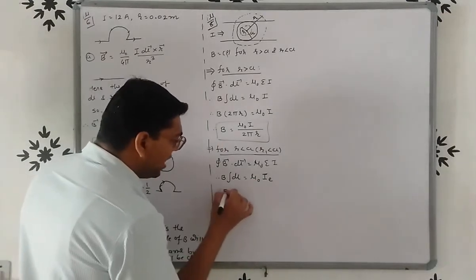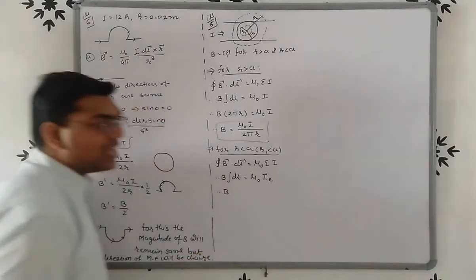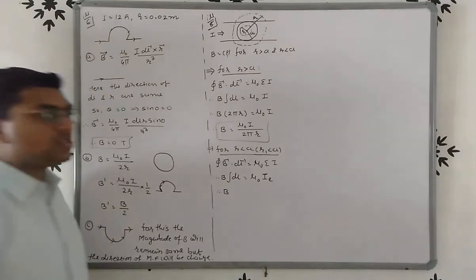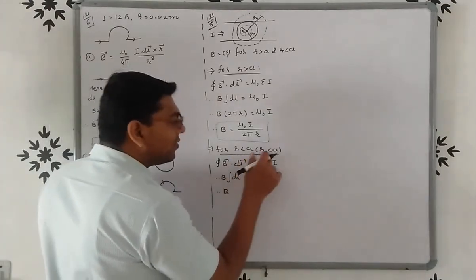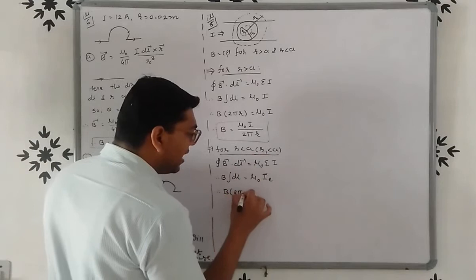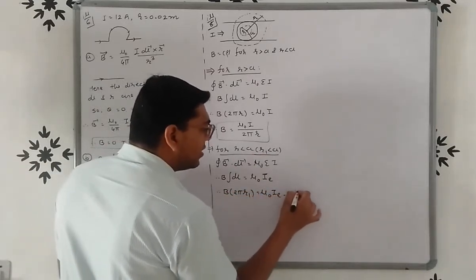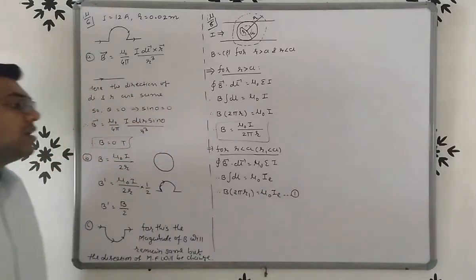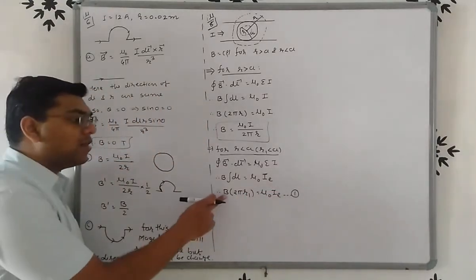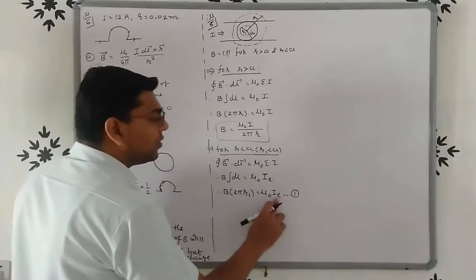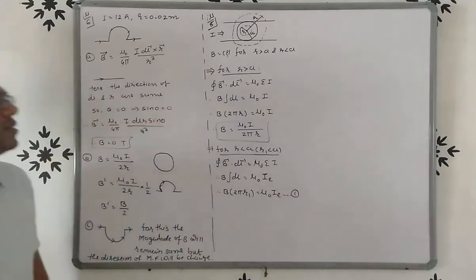So B times the integration of dl, that is the total length, the circumference 2 pi r1, since r1 is less than A, is equal to mu 0 I_e. That is equation number 1. Because to find out the magnetic field, first of all we have to find out the current that is passing through the cross section of radius r1.